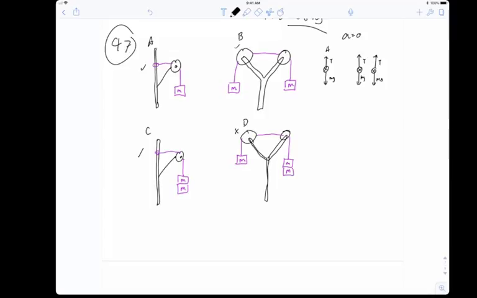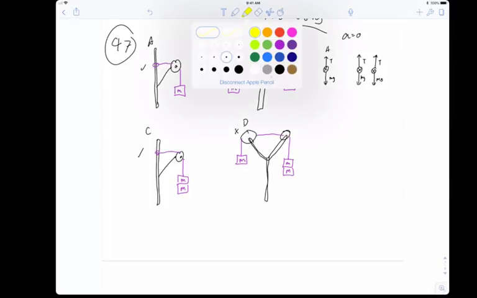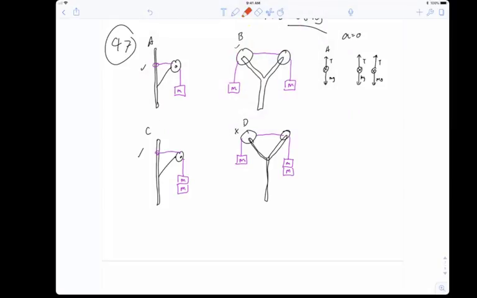So I'd wager that the second one is in equilibrium as well. I'd say the first one's in equilibrium and the second one's in equilibrium, which means the tension in both these cases is the same. TA looks like it's equal to TB.